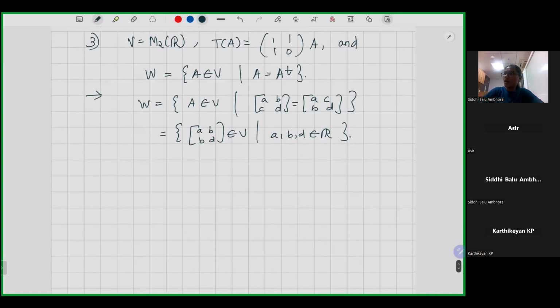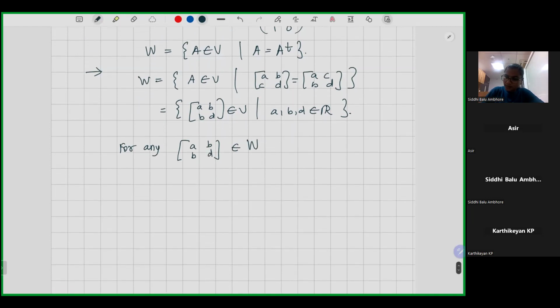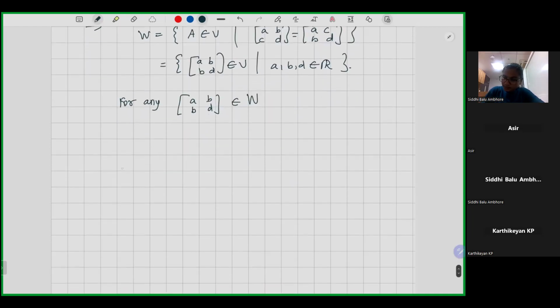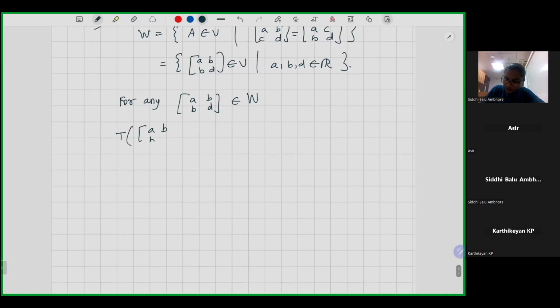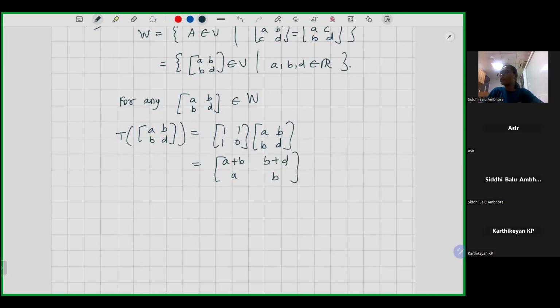So for any, let me take [[u,v],[w,x]] in W, or [[a,b],[b,d]]. What is T of this matrix? It is multiplication by this matrix, right? So it is [[a+b, b+d],[a, b]], right?